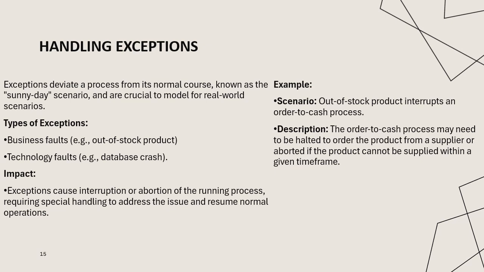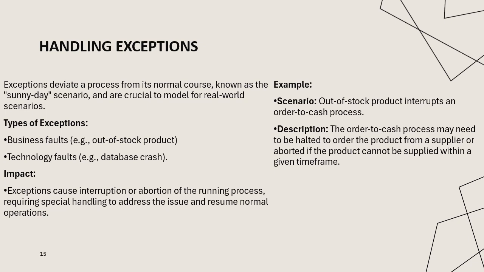Now we talk about handling exceptions. In BPMN, handling exceptions is essential to address deviations from the normal course of a process. These exceptions can be categorized into business faults, such as encountering an out-of-stock product, or technology faults like a database crash. When these exceptions occur, they can disrupt the running process, necessitating special handling to resolve the issue and resume normal operations.